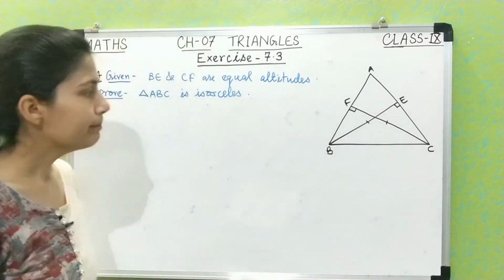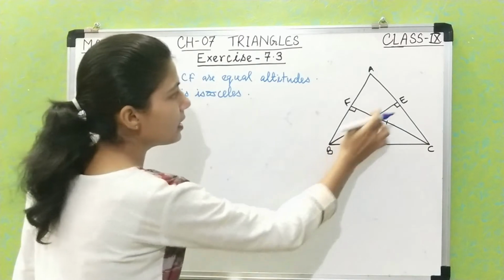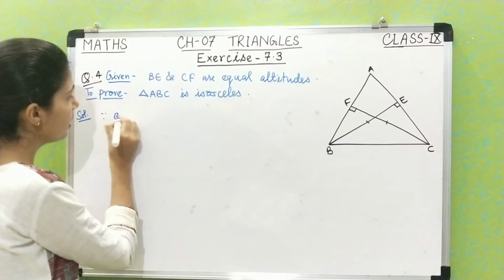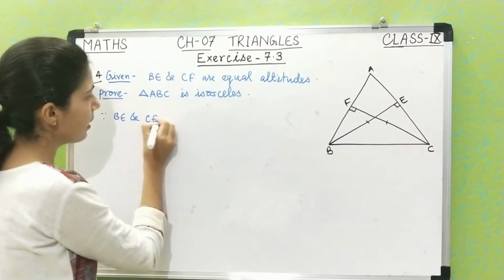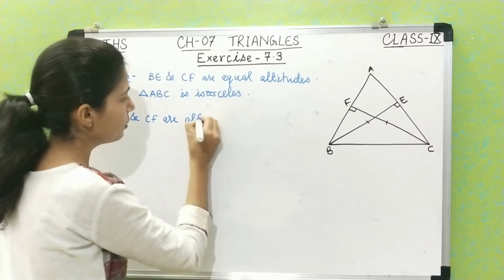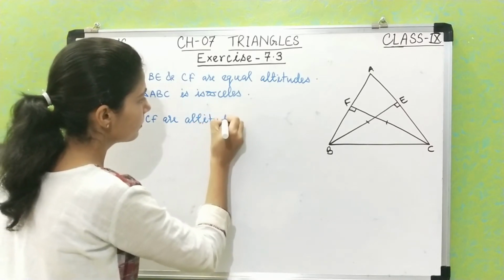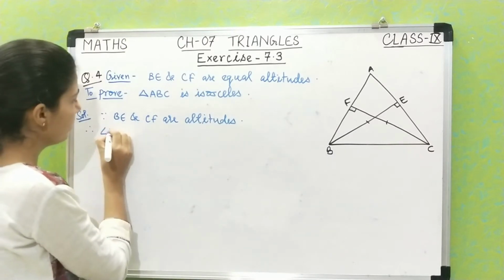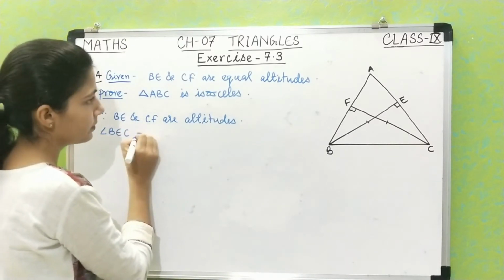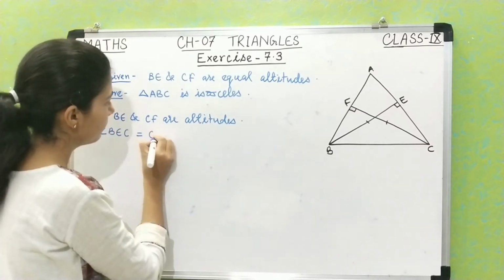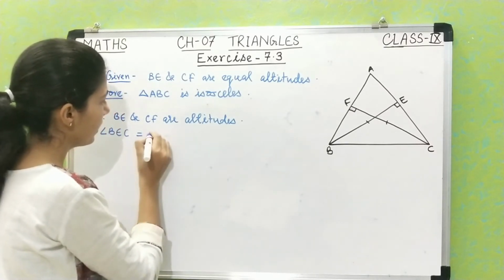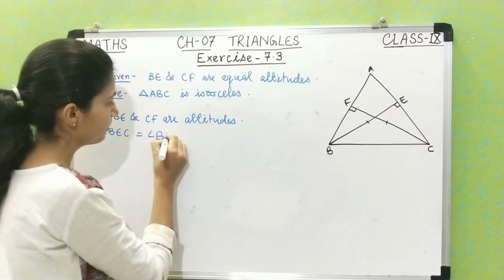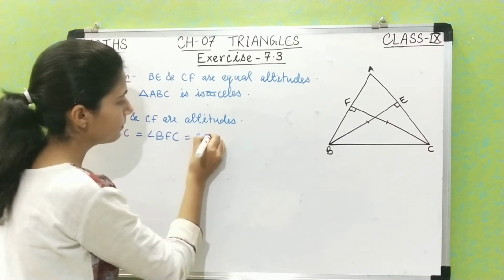Okay, so let's see. Since BE and CF are altitudes, so angle BEC and angle CFB, or we can write angle BFC, equals 90 degrees.